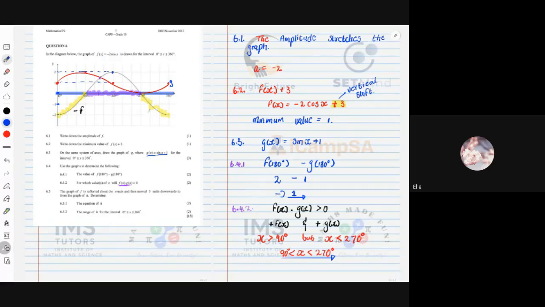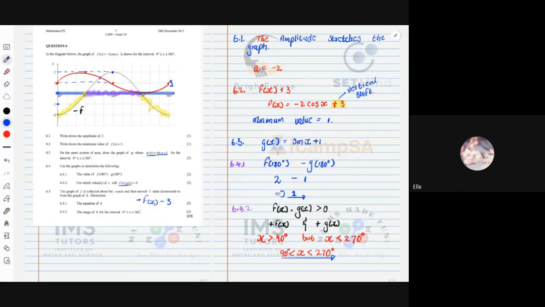If we want to reflect the graph, we will say negative f(x). That's how we reflect the graph about the x-axis, and then moved 3 units downwards, then minus 3. This is how we flip the graph of f.